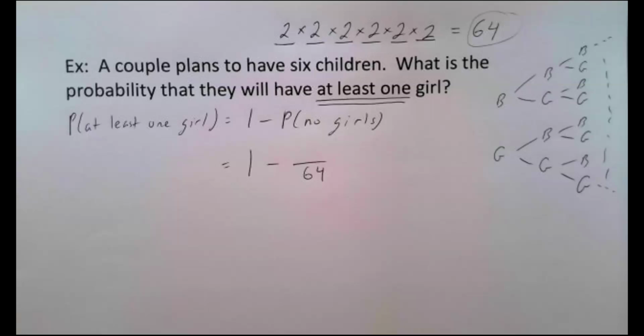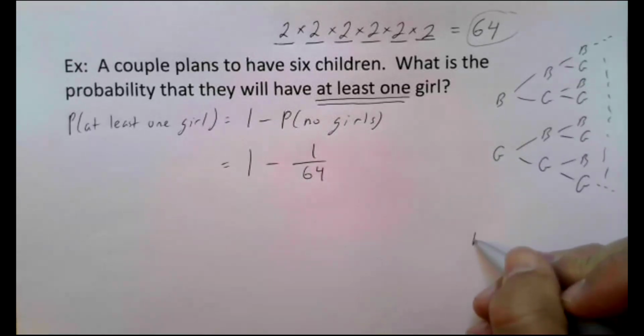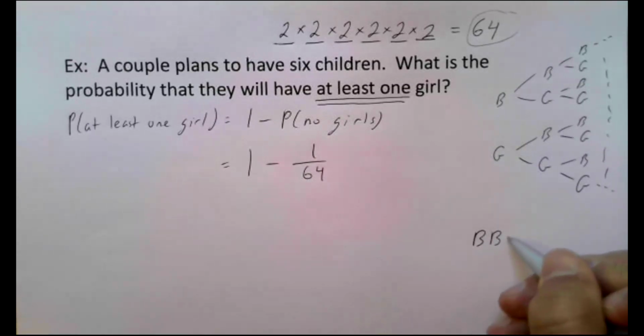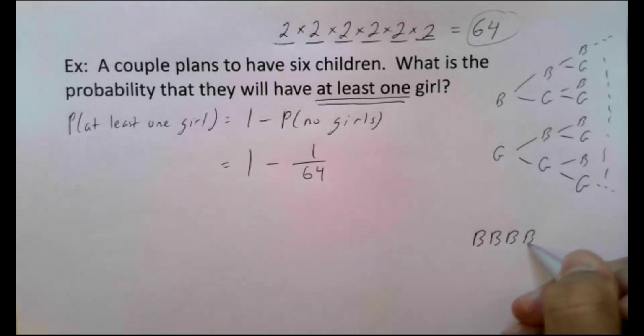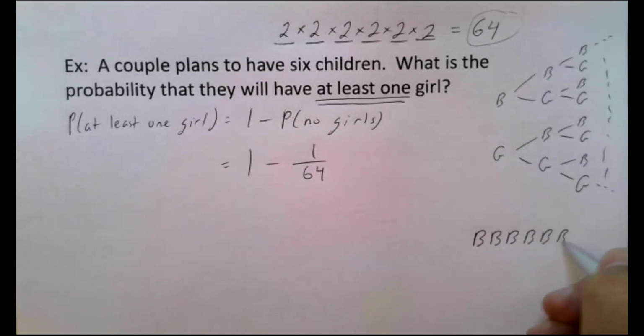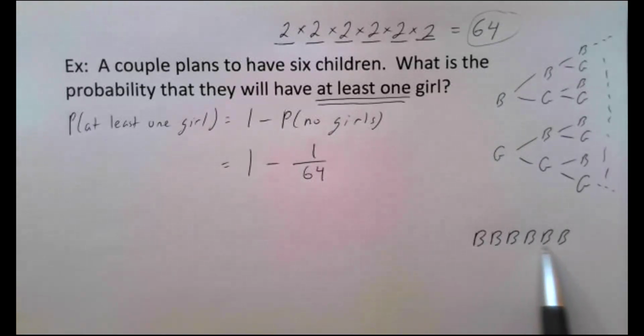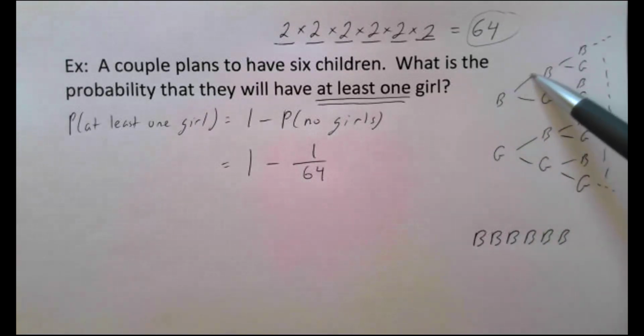But how many of those 64 just don't have any girls in it? There's only one out of the 64 that don't have any girls in it. Specifically, that would be the string that says boy, boy, boy, boy, boy, boy. That's the only way out of all 64 possible things that could happen. It's going to be this one up on the very top here.